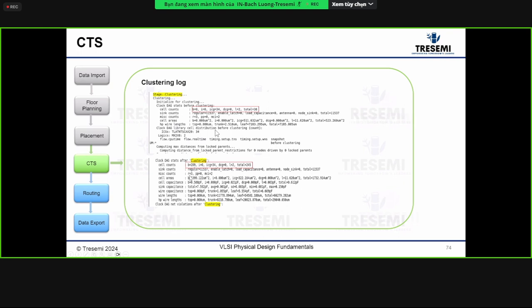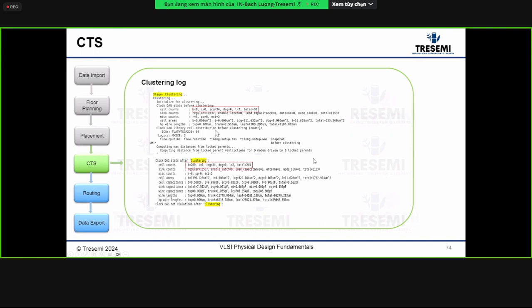Remember, this is by default added buffers. You can change it if you like. I think in the Tcl script I had a comment in there somewhere that you can change the attribute, the keyword. So it added 209 buffers.